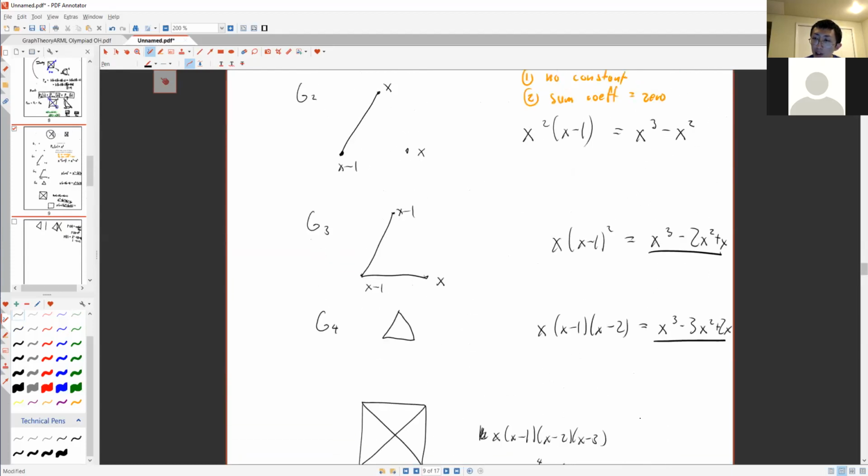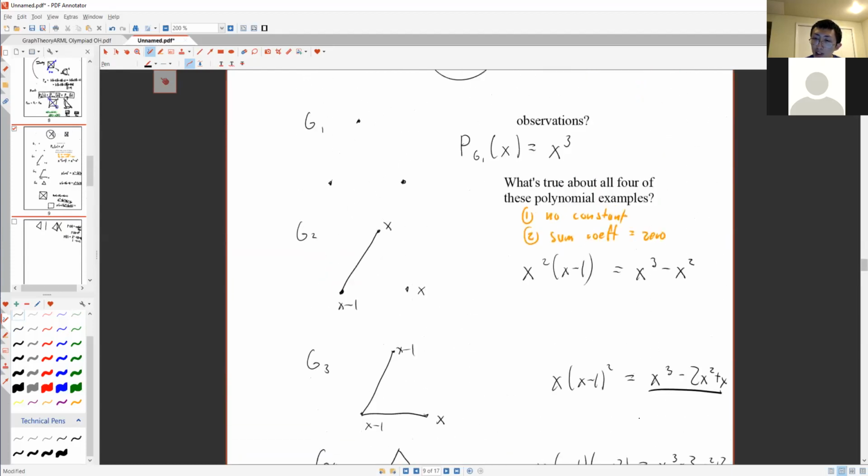But I mean, 1 isn't always a root. The only exception was this one, right? Here, 1 was not a root. Why was 1 not a root in the first graph? Here, the sum of the coefficients is actually like 1. Eli says there are no connections.